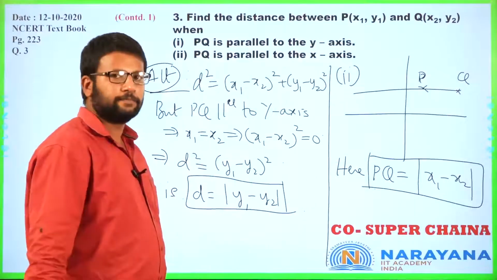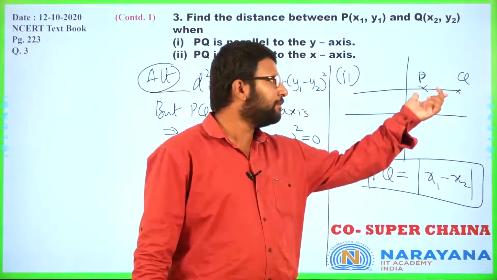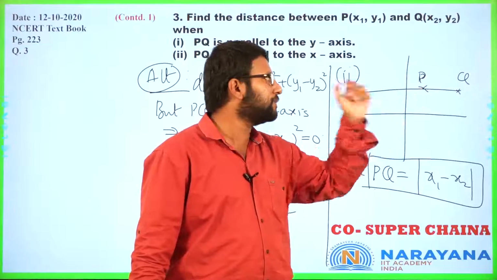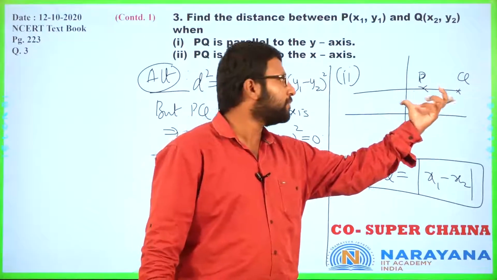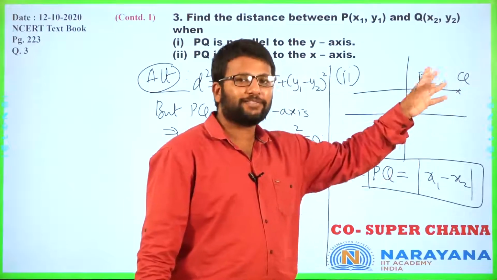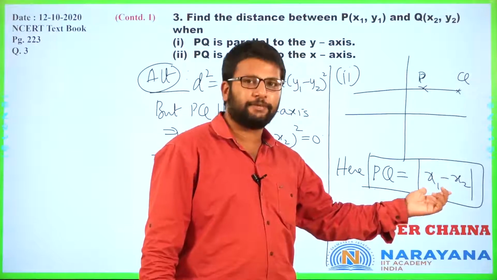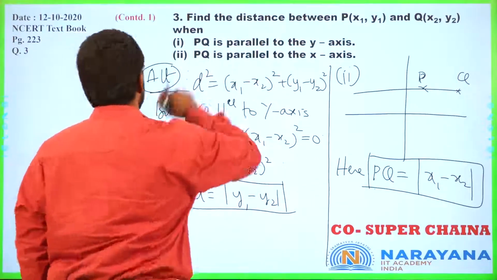Keep in mind that x1 need not be greater than x2. For example, in this particular case, x1 will be smaller than x2, because the x coordinate of P is something like 2 and the x coordinate of Q something like 5. 2 minus 5 will give you minus 3, but when you put mod, it will give you plus 3 again. Correct? Which is why we put mod. Got it? Okay. Then let us proceed.